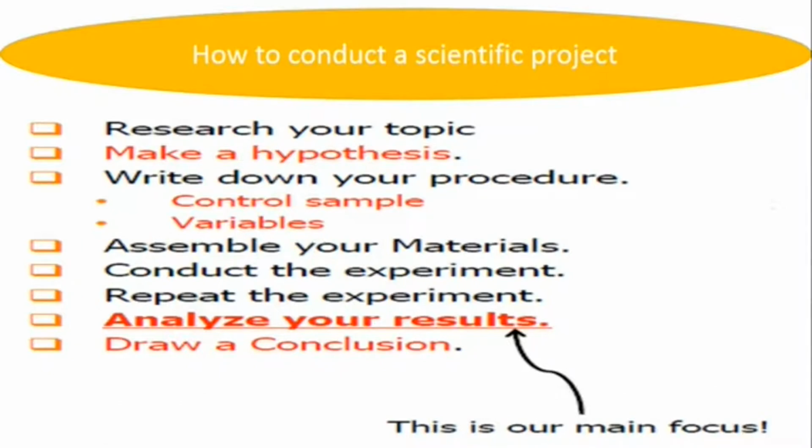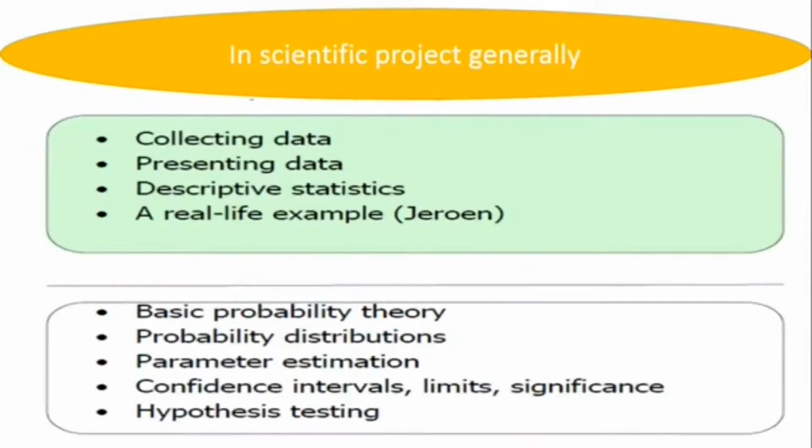It's important to use descriptive statistics, which can help you draw a conclusion, but sometimes you may need to go much further in your study. Inferential statistics will go beyond just analyzing your results using descriptive statistics. So in a scientific project, generally you need to collect your data, present it, and finally do descriptive statistics.